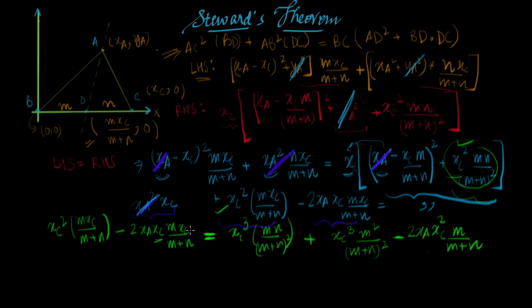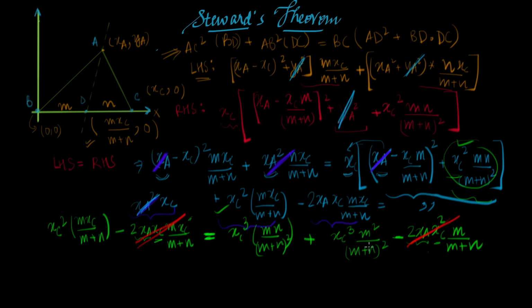Let us look at something that gets cancelled out. We have an xc squared here, and we have an xc squared here, and we also have a minus 2xa, and we have the same ratio, m upon m plus n. That basically cancels this term out. What about the remaining terms? Well, let us look at that.